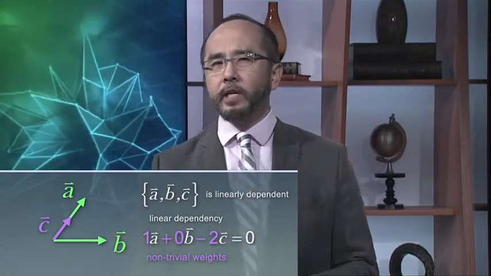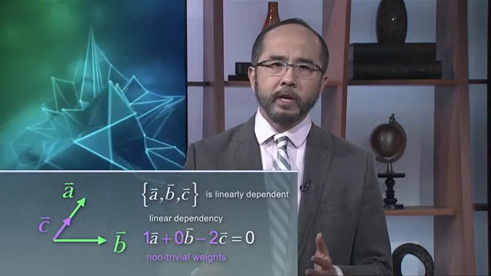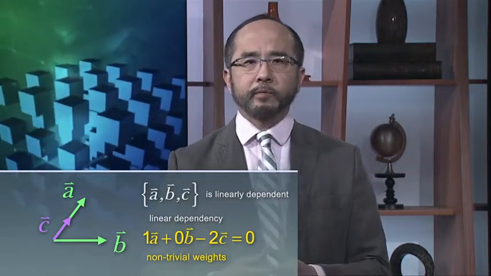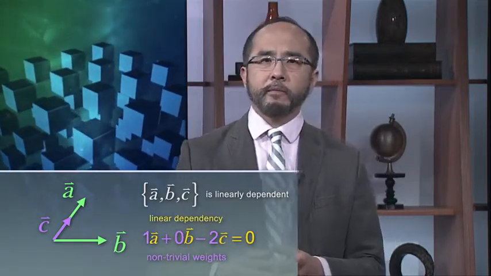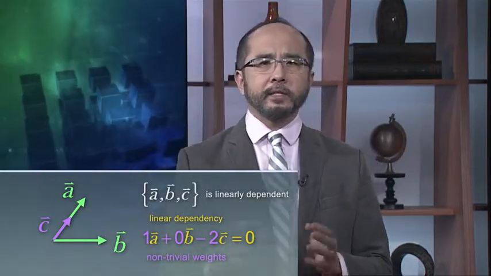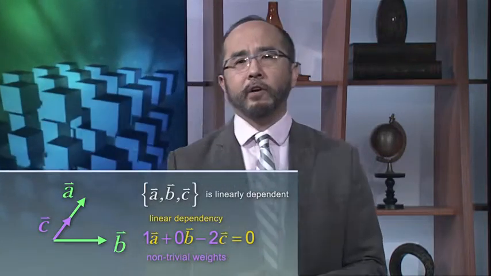And that's because the non-trivial combination of a, b, and c that produces a 0 vector is a minus 2c equals 0. The coefficient of b in this non-trivial linear combination is 0, so this linear dependency relationship does not involve b.